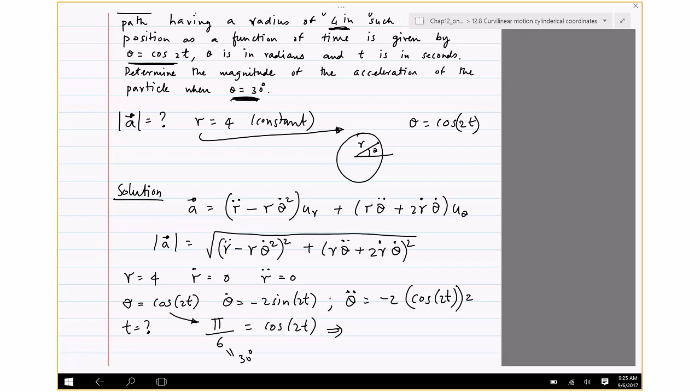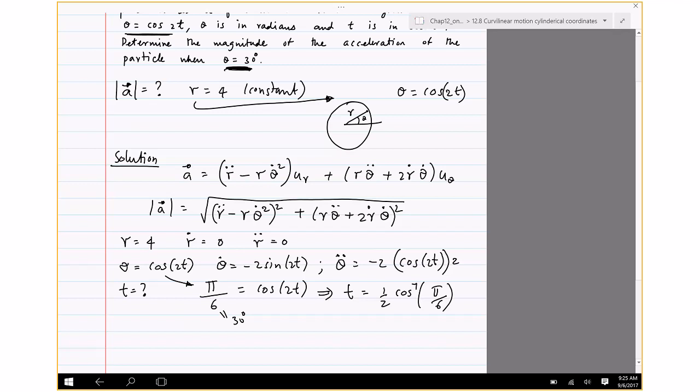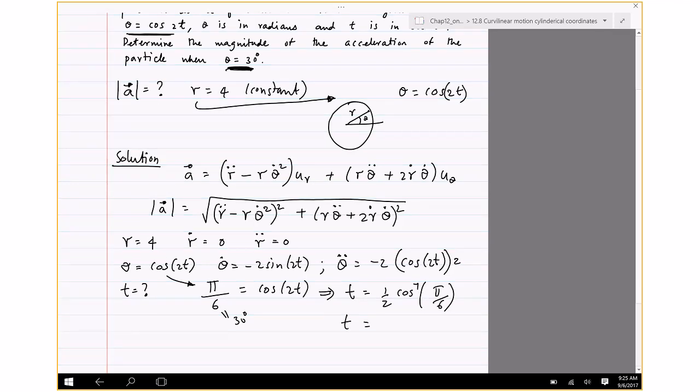So to solve for t, you need to take the inverse of cosine. So this is going to be t equals half cosine inverse pi divided by 6. So if you solve for t, you get 0.51 second.